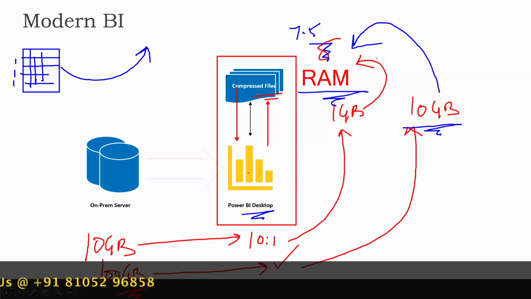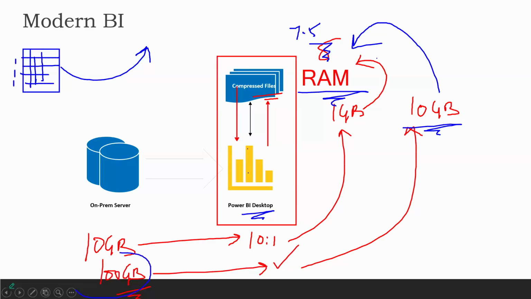But what I'm talking about here is if you bring in more and more data, let's say I'm bringing in 100 GB of data and the compression ratio is just this much. Let's say you feed it 10 rows, it can convert it into 1 row. If you feed it 10 GB, it can convert it into 1 GB. So that's a 10:1 ratio.